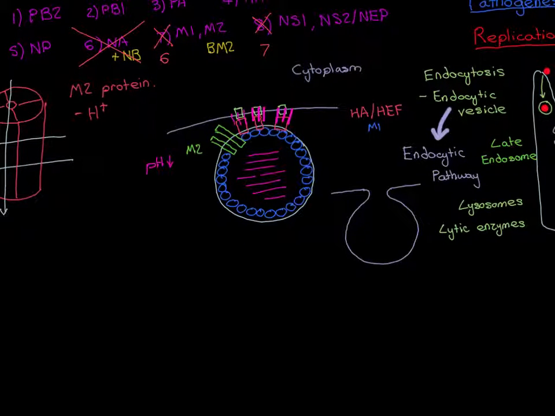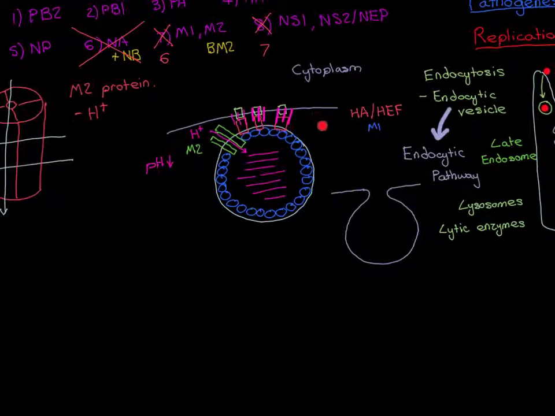So, when the pH goes down, proton concentration goes up in the early endosomal lumen, that's going to cause the M2 ion channel to go into the open state, and of course it's going to conduct protons into the inside of the virus. So protons come into the inside of the virus, and this of course means that pH goes down inside the virus.